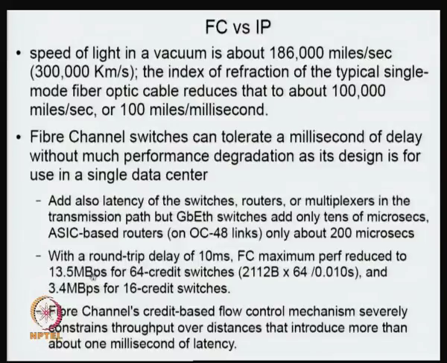For example, people have done multiple gigabit per second transfers in TCP without any trouble across a wide area network. Whereas with Fibre Channel, it is not possible because the number of credits determines how much you can send, and then you have to keep waiting for the ACKs to come back. When the ACK comes back, you get a chance to send one more packet.